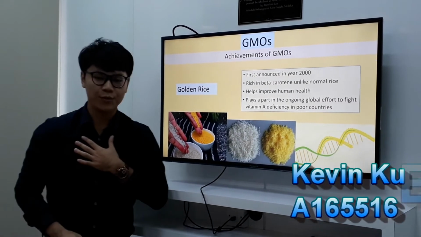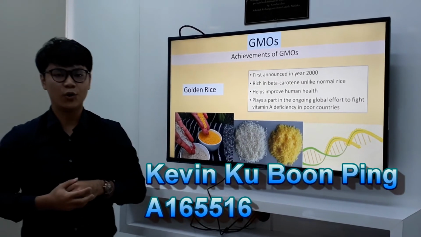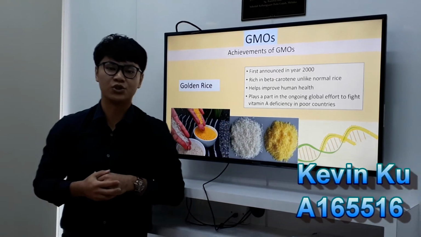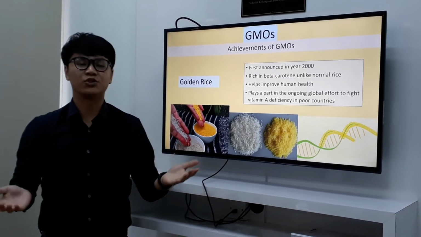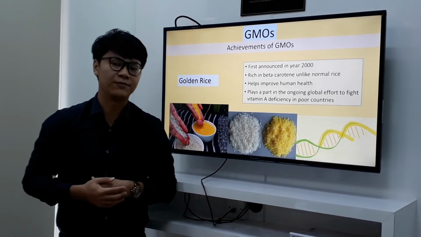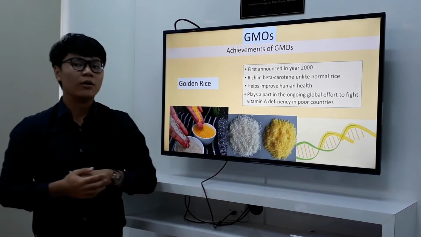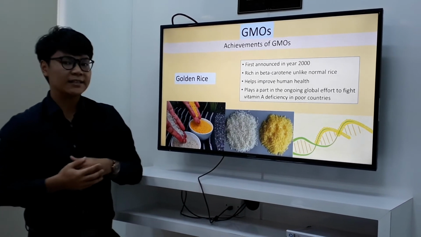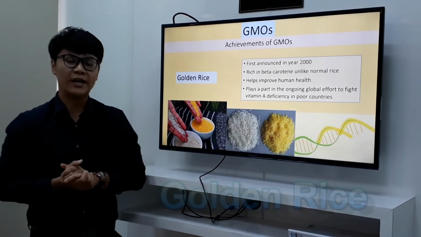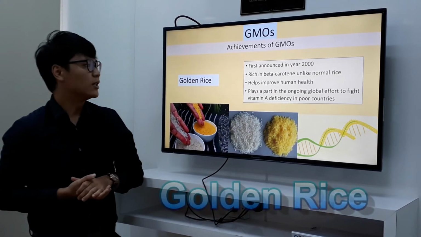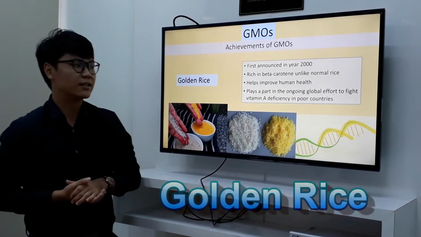Hello, my name is Kevin Kuwumping. When we talk about GMO, we talk about the achievements of GMO. What has GMO achieved in our life and what are the benefits it brings to us? First of all, when we talk about plants, golden rice is a successful example of GMO. It was first announced in the year 2000.